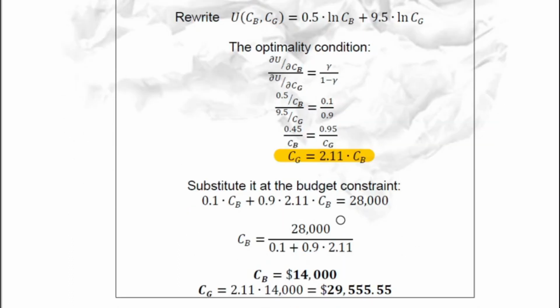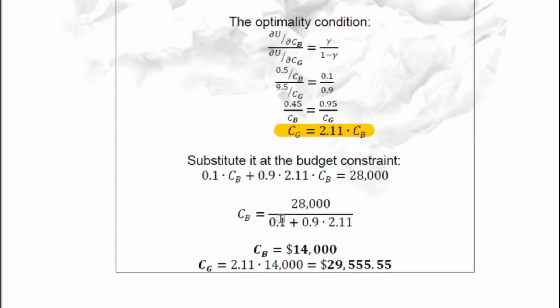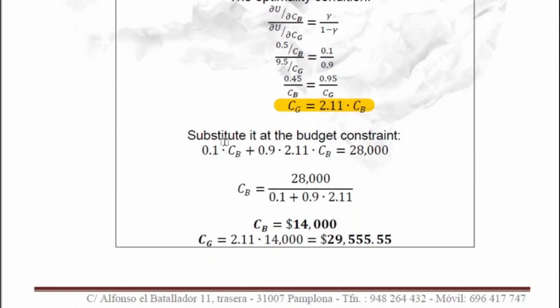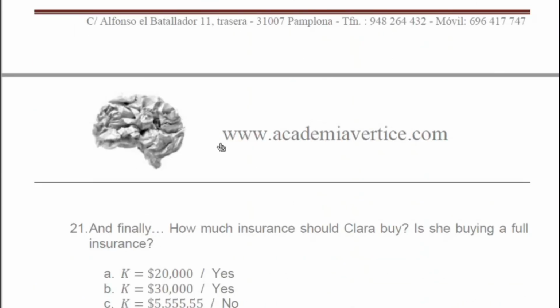So if we isolate CB, we get this, and with the calculator we find that it's $14,000, and CG is 2.11 times that, so $29,555.55. That is answer A. Perfect.